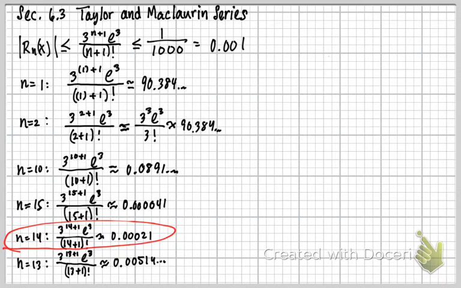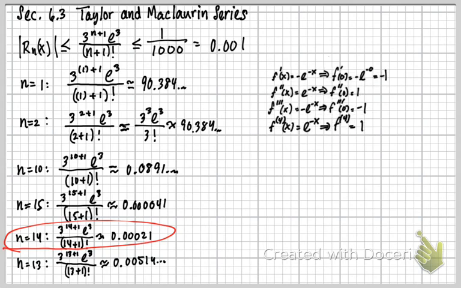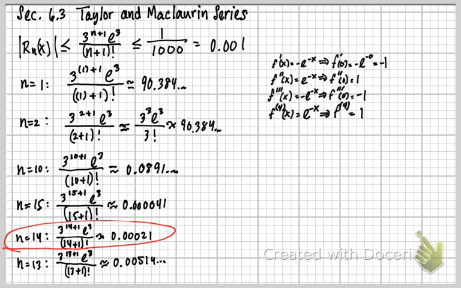Now let's take a look at what that means. So if I take these values here, f prime of x is negative e to the negative x. And then f prime of 0 equals negative 1.